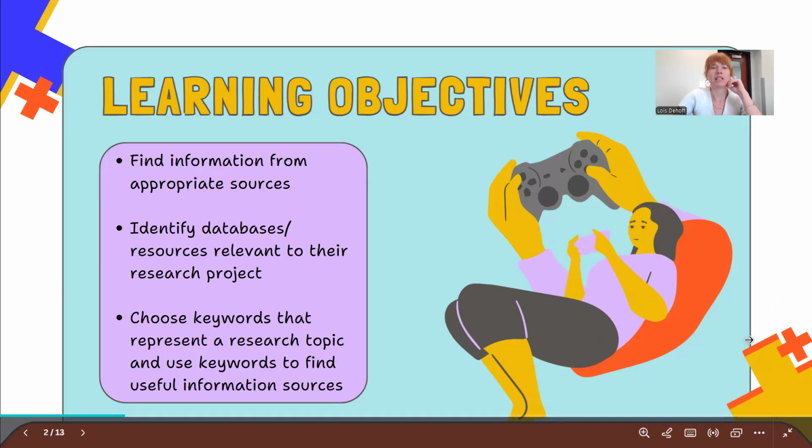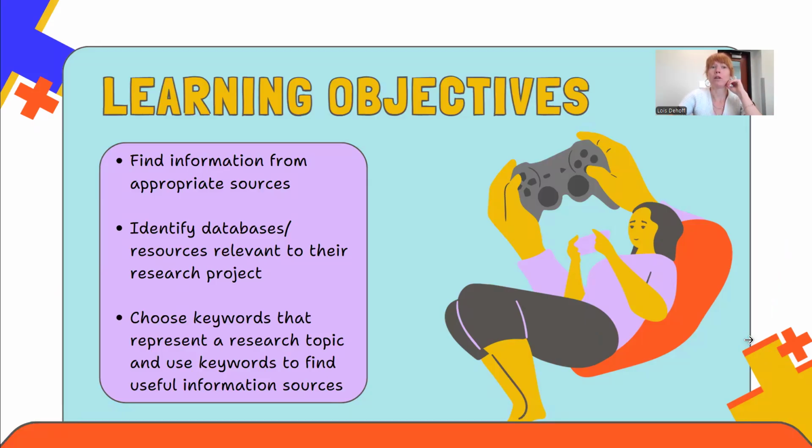So today the learning objectives are to teach students and to remind anyone who visits or are patrons of our library how to find information from appropriate sources. We are going to talk about identifying different databases and resources relevant to a research project. And this modeling is for English 111, but this could actually be for comm.